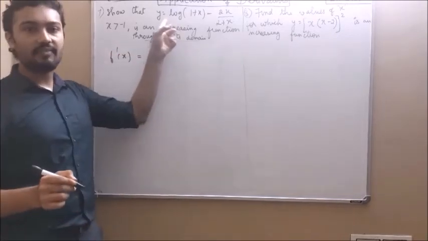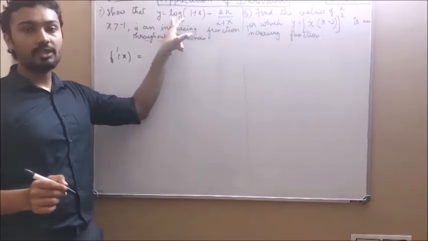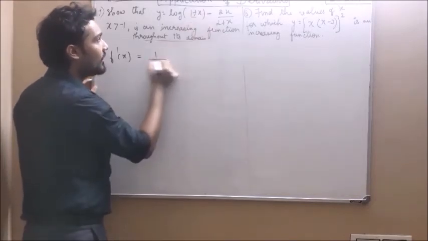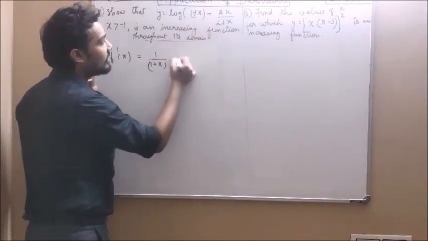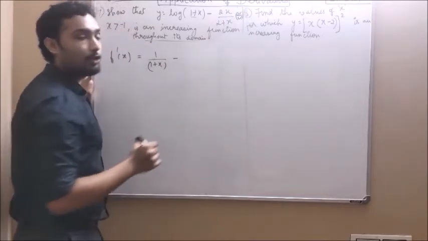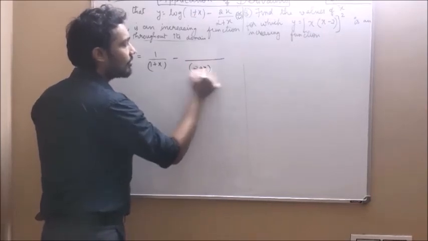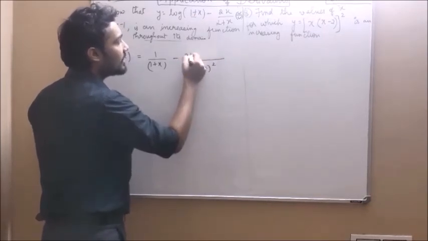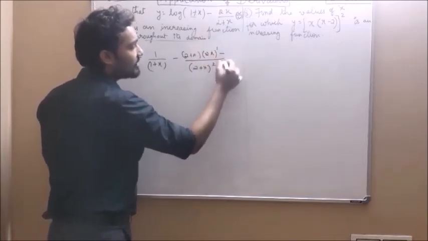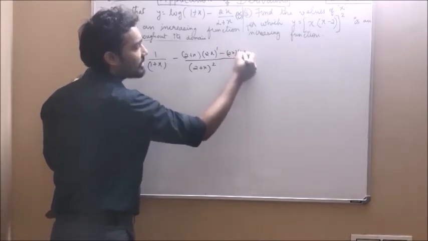Now differentiate this. F dash of x is the differentiation of y. You know the derivative of log x is 1 by x. Here instead of x there is 1 plus x, so 1 by 1 plus x. Next minus. Here this is the quotient u by v. The quotient rule: (u by v) dash is the denominator (2 plus x) the whole square, then in the numerator, (2 plus x) into differentiation of the numerator 2x, minus 2x into differentiation of the denominator 2 plus x.